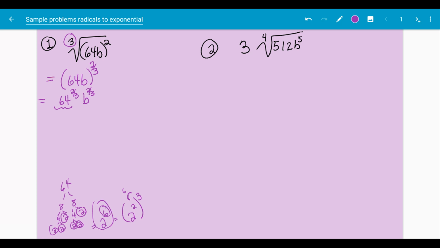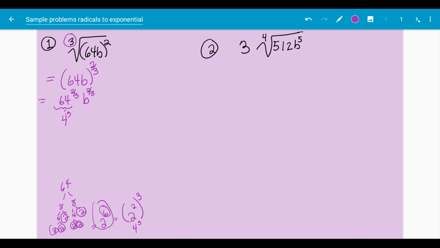So I could write this as 2 squared to the 3rd power. So this 64 right here could be written as 2 squared to the 3rd power, and actually 2 squared we know is 4. So we could write this as 4 to the 3rd power.